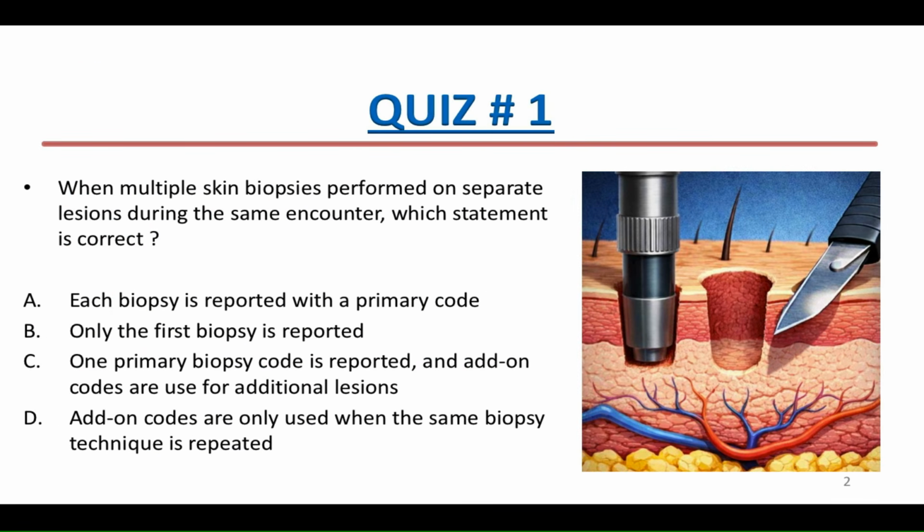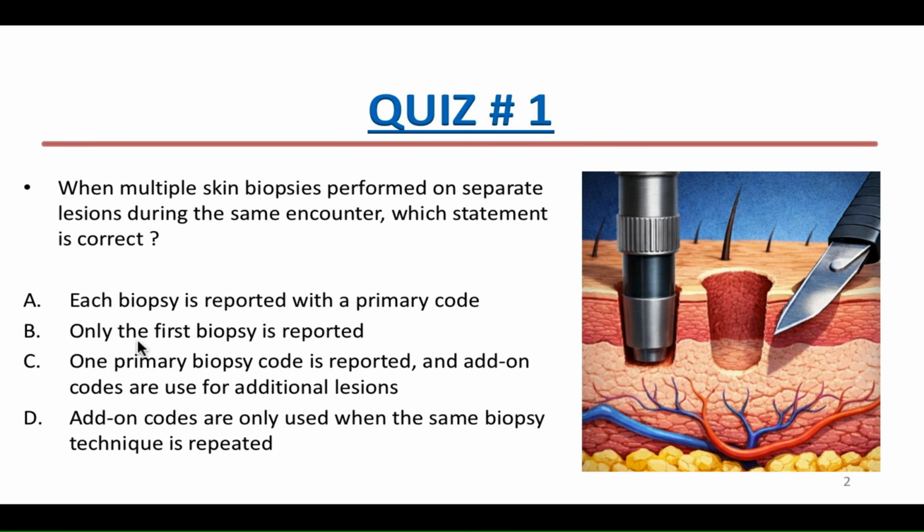Before we jump into the homework, let's start with a short warm-up quiz number 1 to refresh your memory. Take a look at this question. When multiple skin biopsies were performed on separate lesions during the same encounter, which statement is correct? A. Each biopsy is reported with a primary code.